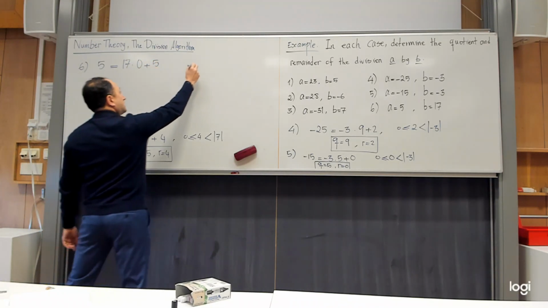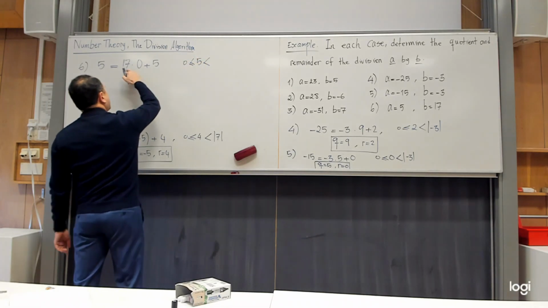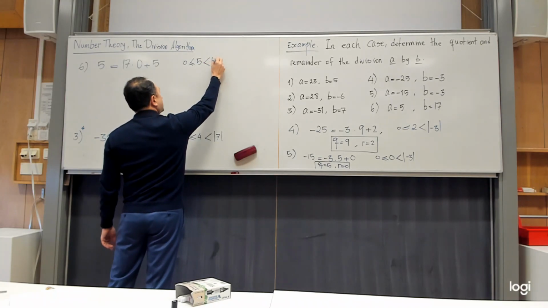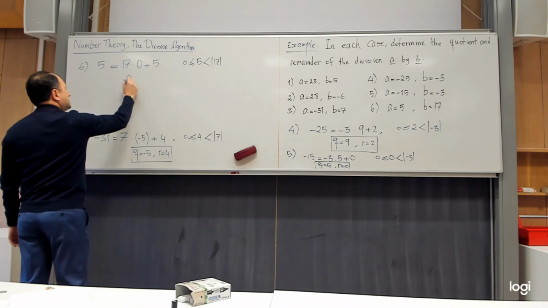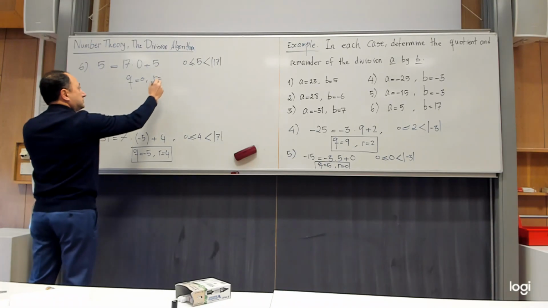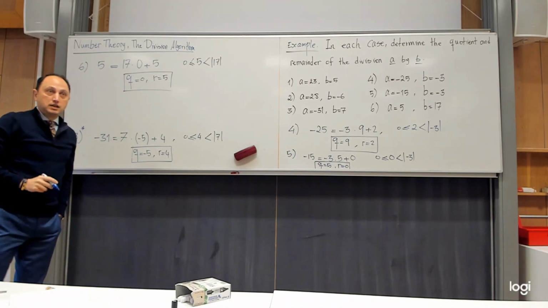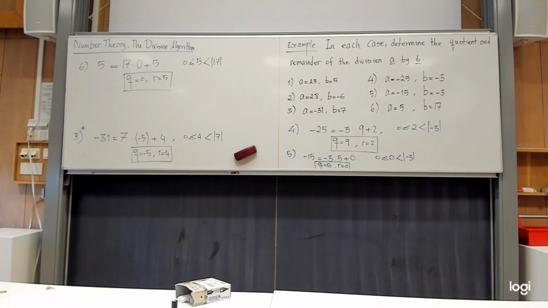Is this 5 acceptable? Yes. It's greater than or equal to 0. It is smaller than the absolute value of 17. So Q here is 0. And the remainder is the smaller number itself. Yes? So the quotient can also be 0. And the remainder is the smaller number in this case.